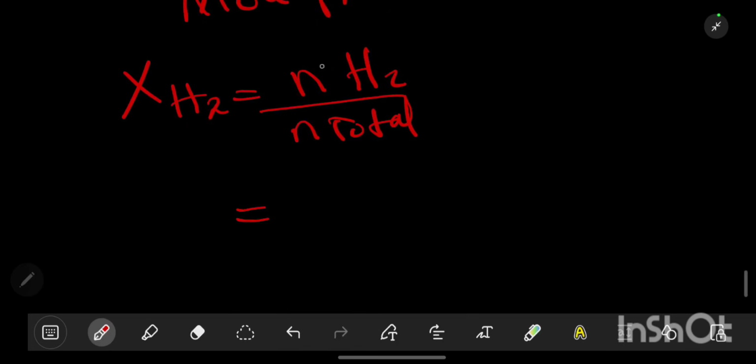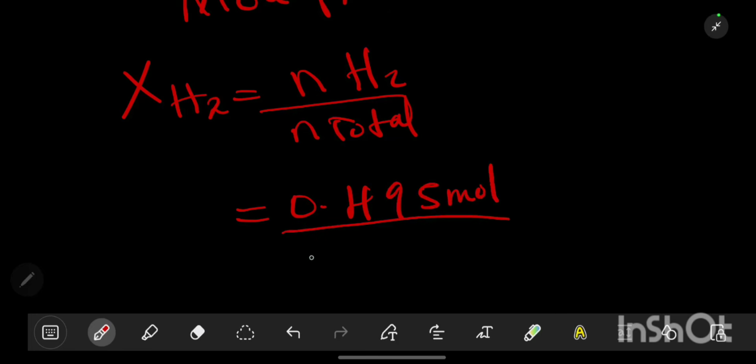So the number of moles of hydrogen, if you recall, was 0.495 moles over the total moles, which is, when we added the moles, 1.746.